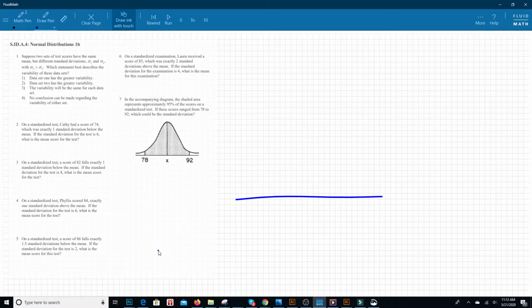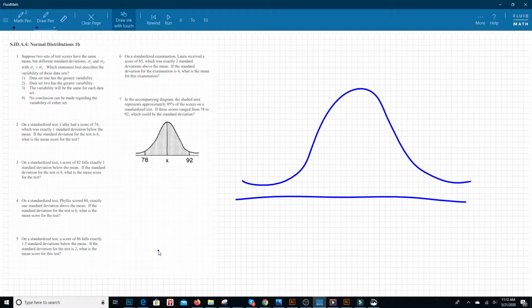So I'm going to draw my little normal curve right here. We have a score of 86, right? It's 1.5, so this is the mean right here, the middle value. So 86 would score 1.5 below the mean, so right here.